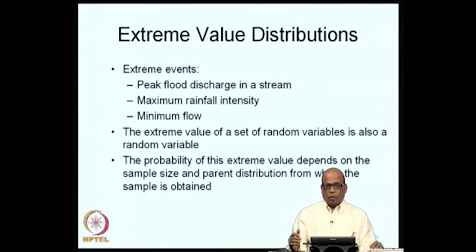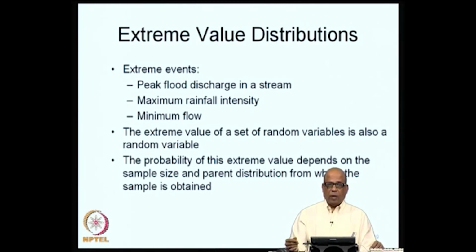What is the lowest flow that is expected from this particular stream in a particular year? The lowest flows will have implications directly on the drought situation, hydrologic droughts, but more importantly on the water quality situations. As you can expect, the dilution capacity of the river comes down with the decrease in the flow, and therefore we would be interested in the expected minimum flow in the stream.